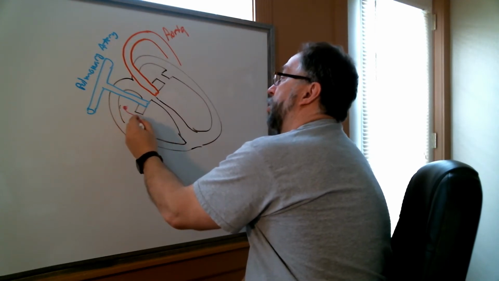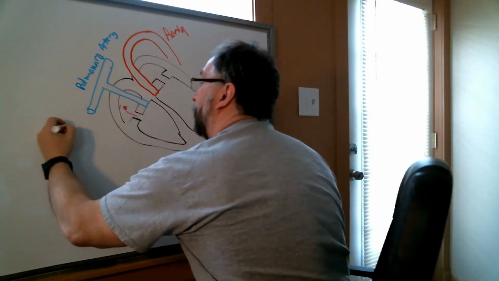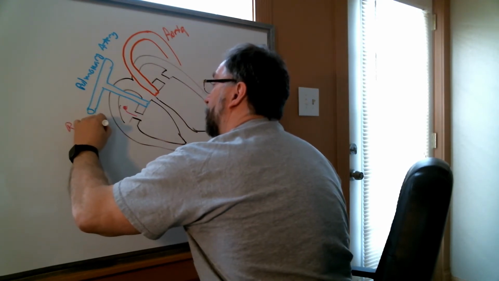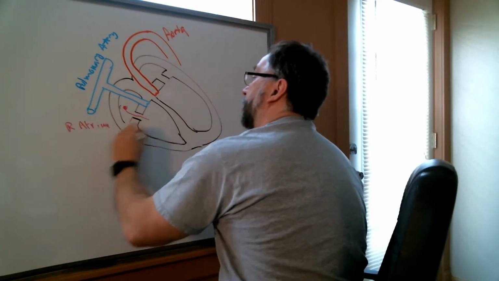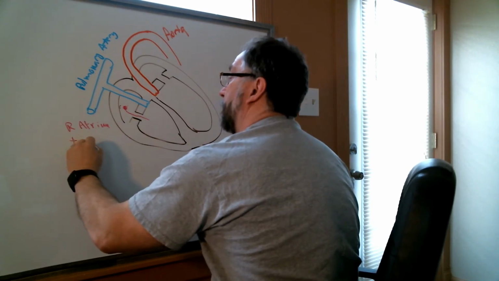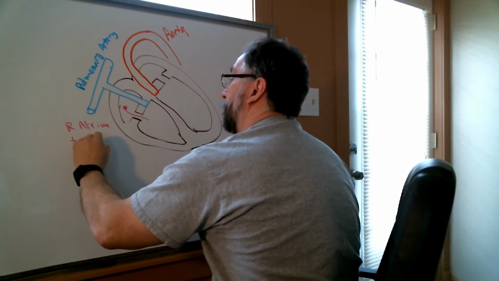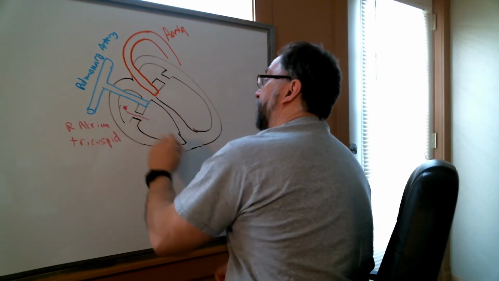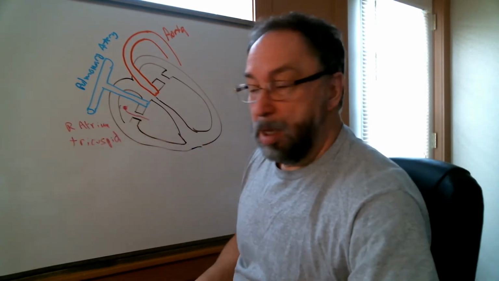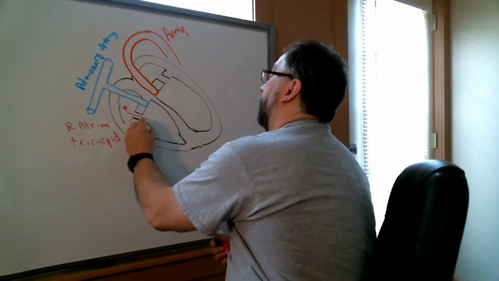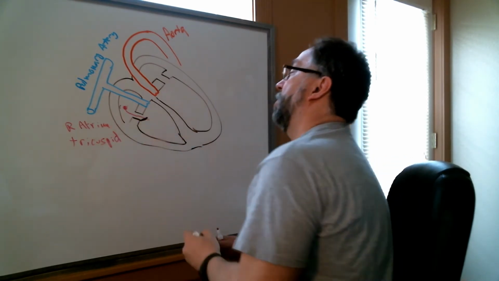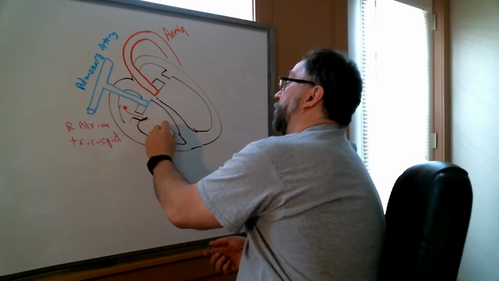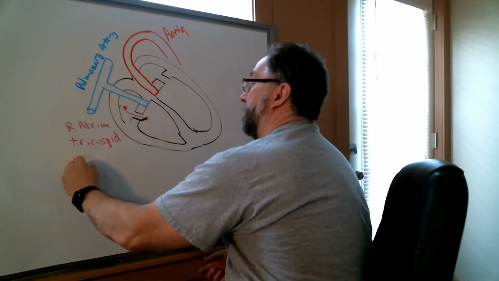Boom, goes through the right atrium, goes through the tricuspid valve. Let's make this look like a valve here. Got a little trap door there. Goes through the tricuspid into the right ventricle.